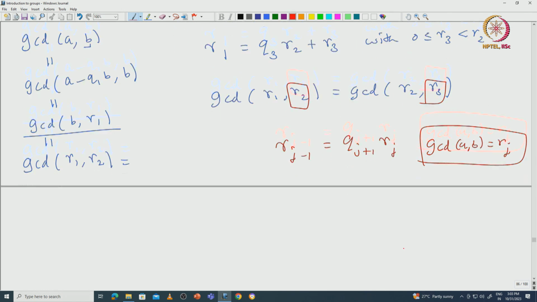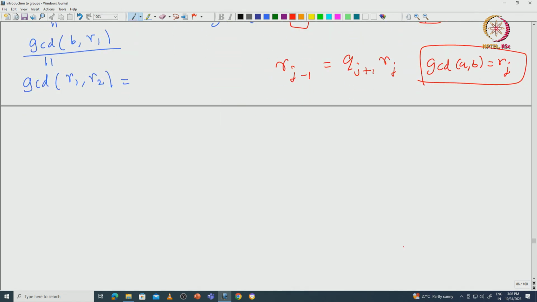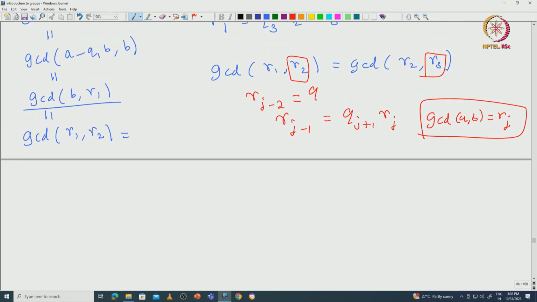So, now you know that R j minus 2 will satisfy something like this: R j minus 2 equals Q j R j minus 1 plus R j, with 0 less than R j less than R j minus 1. Okay.